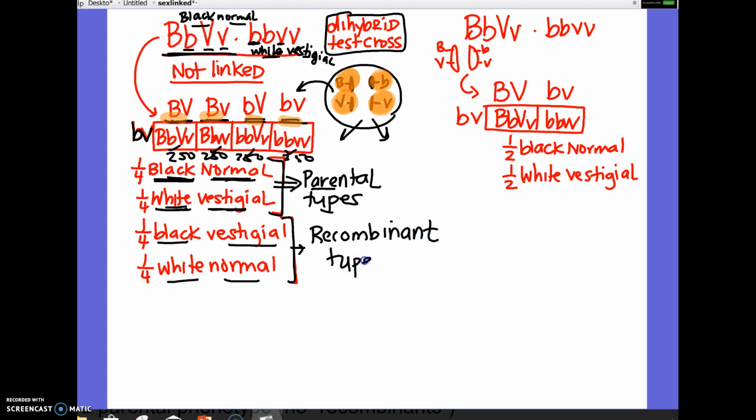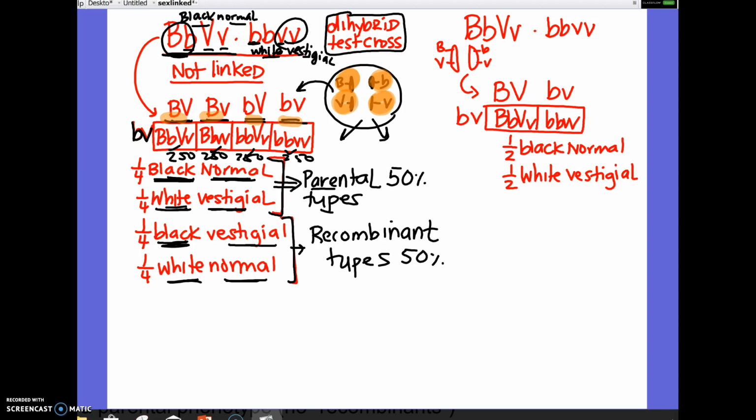They have the opposite combination. Black, which is what parent 1 had, with vestigial wings, which is what parent 2 had, and the other one is the opposite, white, and then normal wings. We can combine this, and we see that about 50% of the offspring look like the parents, and about 50% come out as recombinants, okay?